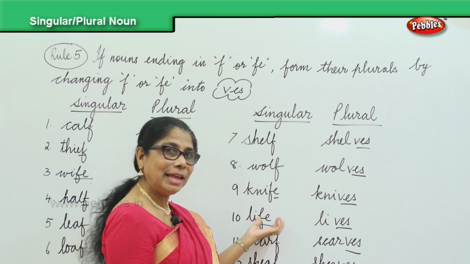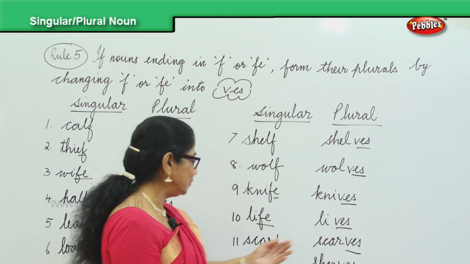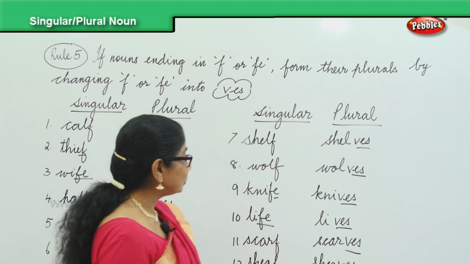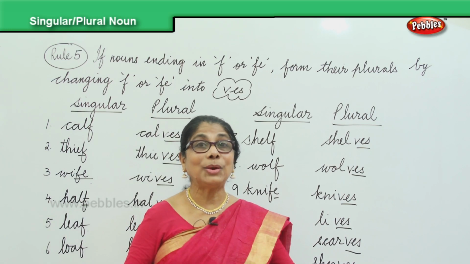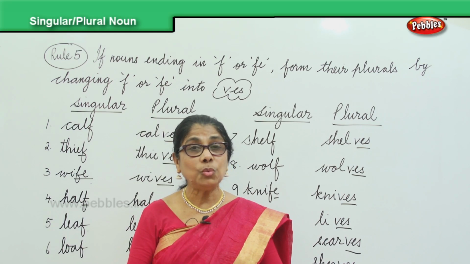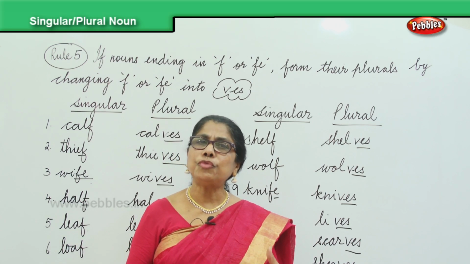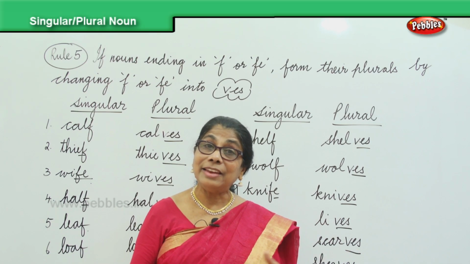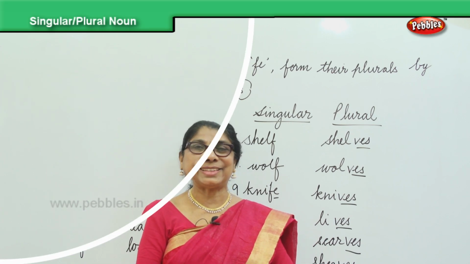Life ends in FE, we take away FE, lives. Scarf, you tie it on your head, scarves. And sheaf, sheaves. Rule number 5 says nouns ending in F or FE, to form the plural, we take away F and FE, add VES to form the plural numbers.